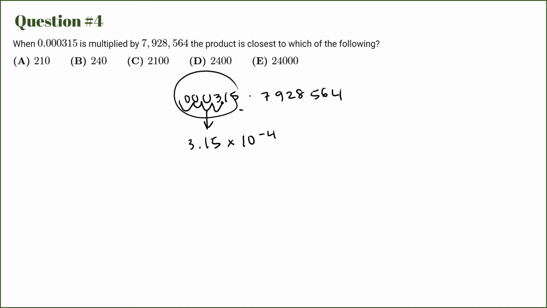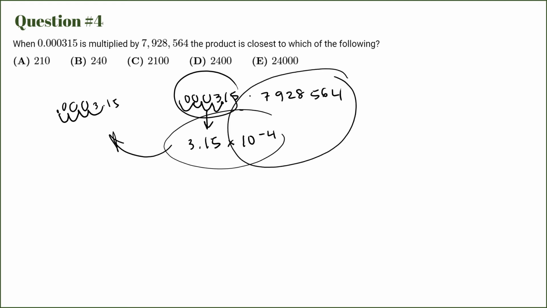And let's check to see if this is actually right. Okay, so 3.15 times 10 to the negative 4, so you would go 3.15, 1, 2, 3, 4, 0, 0, 0. So that is correct. And let's multiply this times this now.